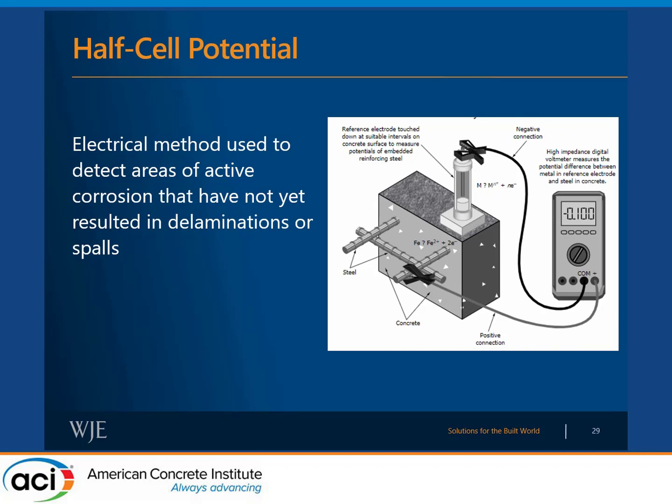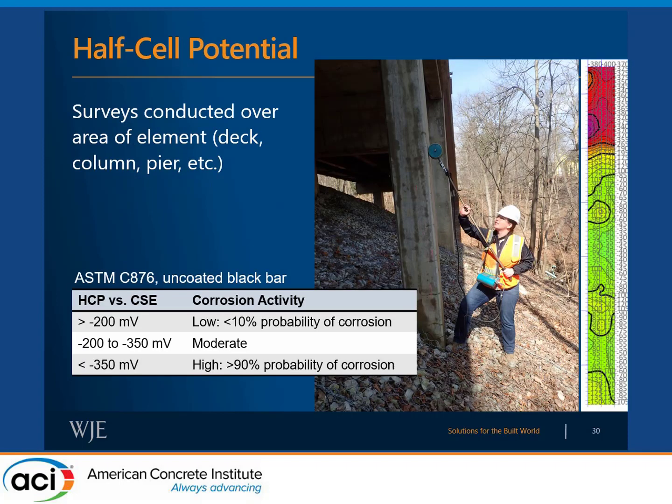is really important. So this is a schematic that's taken from the ASTM standard. This is ASTM C876, and it talks about how to conduct half-cell potential measurements on reinforced concrete. What we'll do is we'll often take surveys with half-cell potentials.